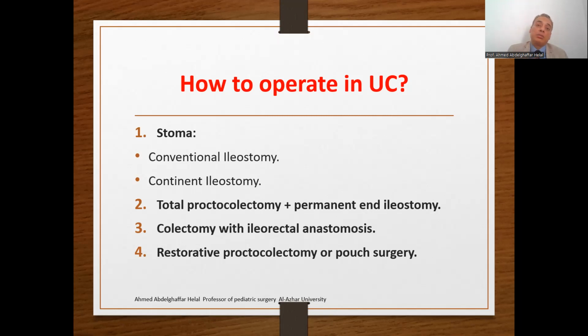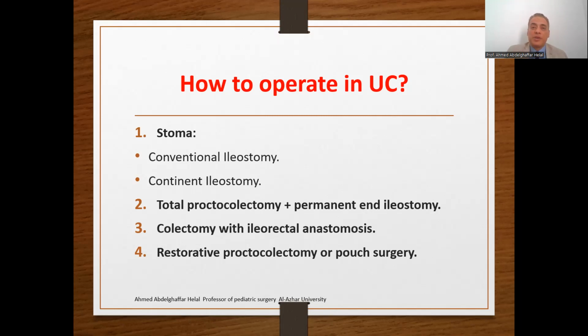The third surgical option is to perform colectomy, just removal of the colon, and perform ileorectal anastomosis. In such a case, you will leave the rectum inside. This rectum is the site of the disease. So you leave the diseased part, and this patient will need lifelong surveillance with endoscopy.